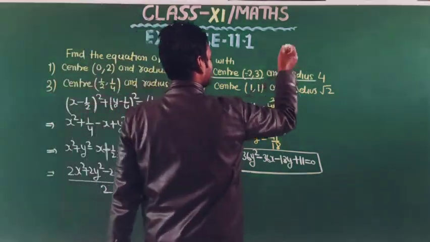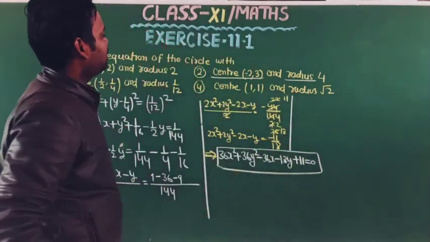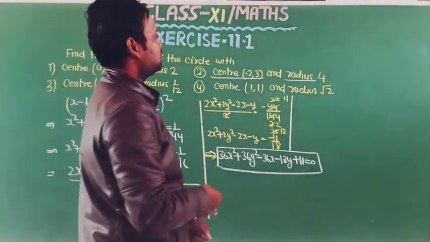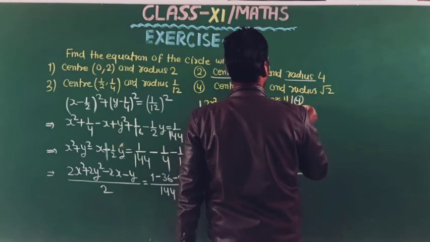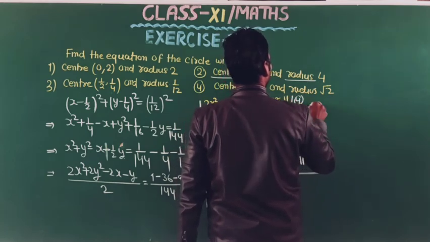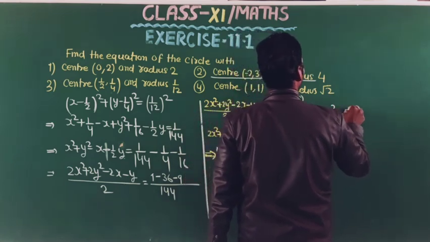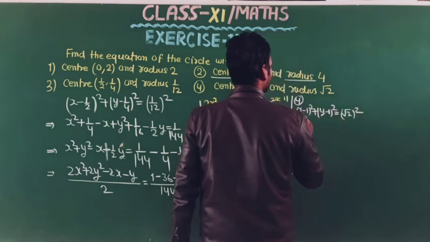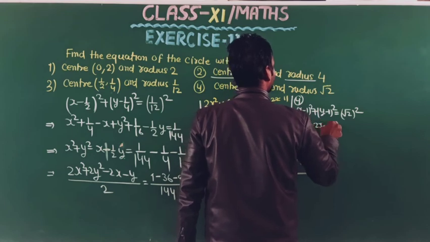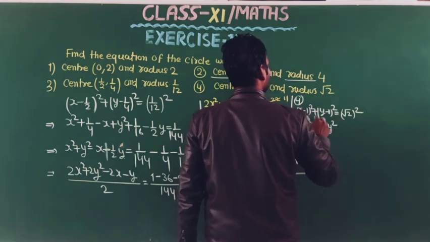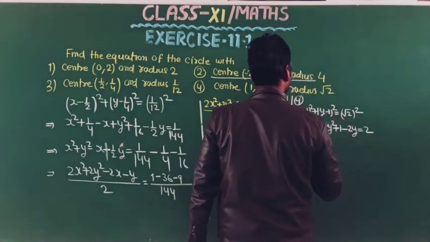And the fourth portion is center (1, 1) and radius equal to root 2. So the equation of circle is (x minus 1) whole square plus (y minus 1) whole square equal to root 2 square. So this is x square plus 1 minus 2x plus y square plus 1 minus 2y equal to 2.